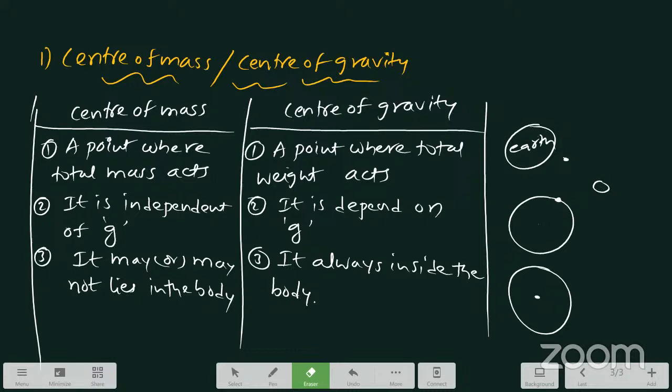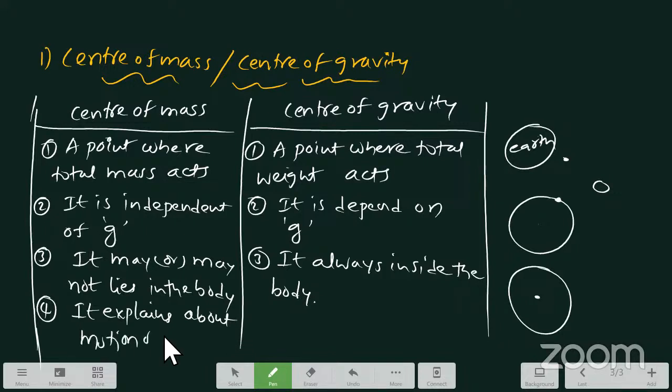Right side, third point. Fourth one, what is the center of mass? It explains about motion of the body. Meaning the given body has translatory motion, rotational motion, vibrational motion.